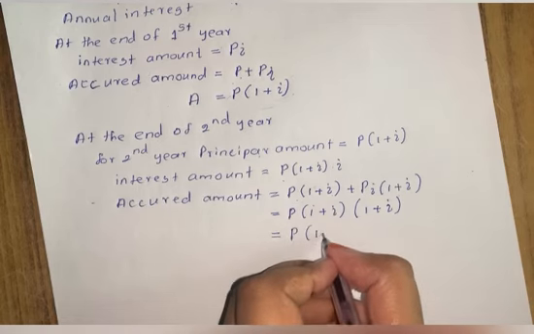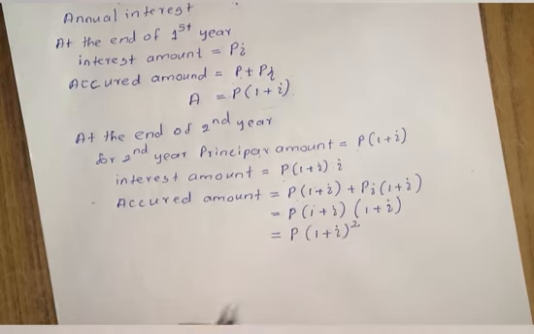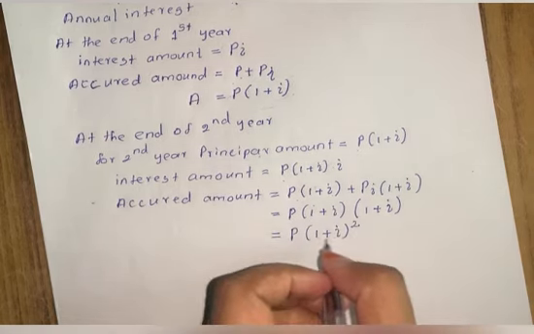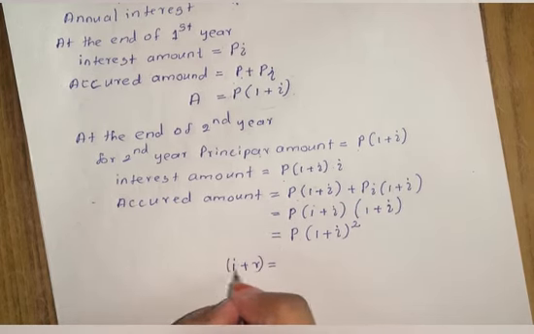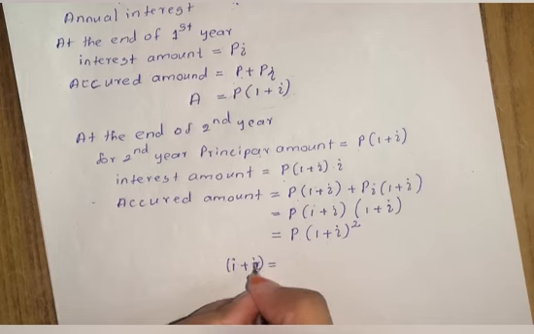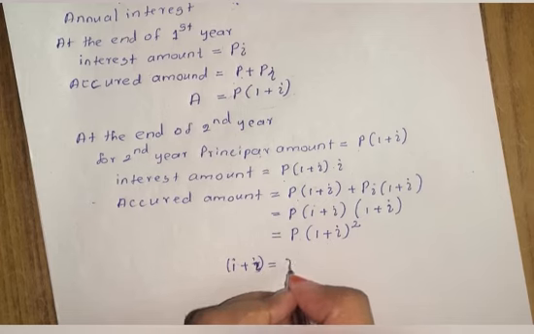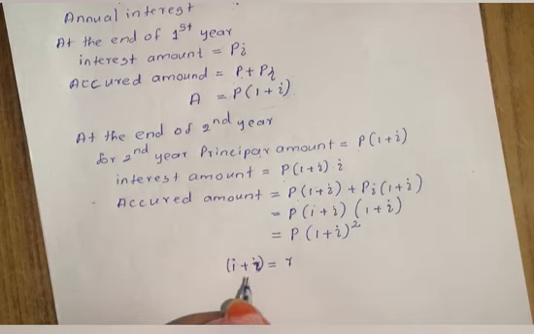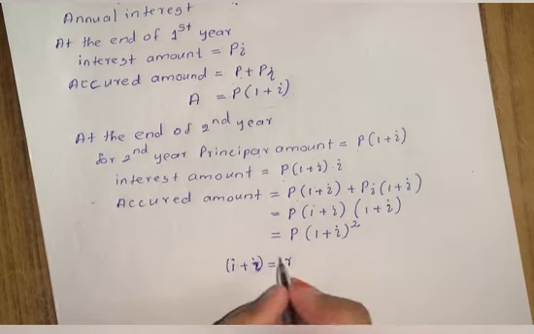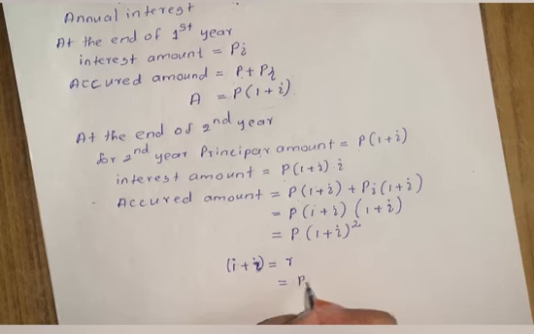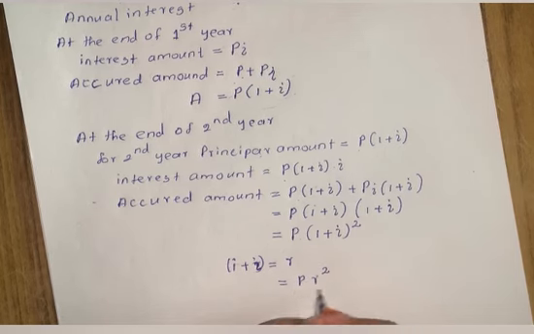So we can write this as P into 1 plus I, all squared. If we take this 1 plus I as R, we can write it as P into R to the power 2.